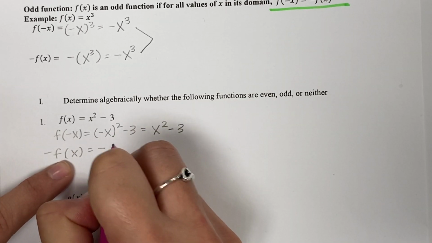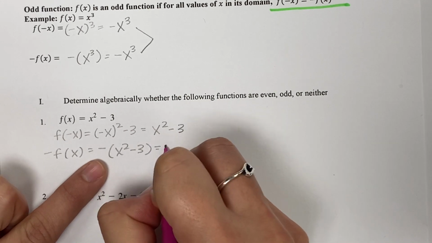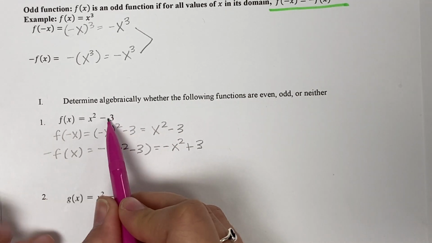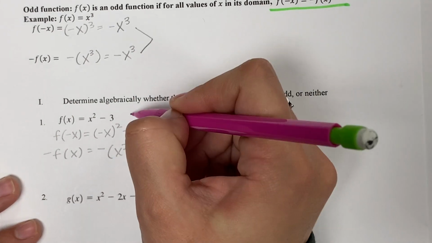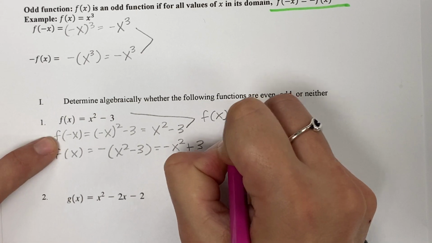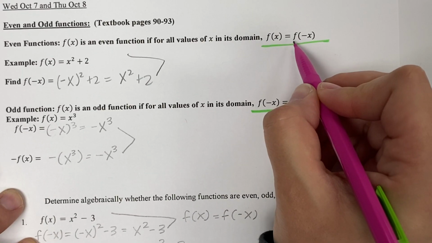And then if you do the negative, write the whole equation, distribute your negative, and that'll be plus 3 now. Now look at your final three answers. These two are the same, so f of x is equal to f of negative x, and that is even.